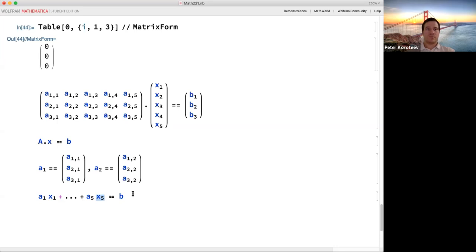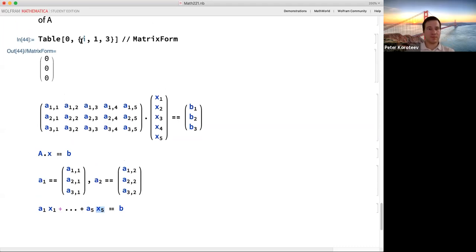So let's try to solve the following problem. So say you were given some matrix A, and let me take a smaller one. Let's take my matrix.